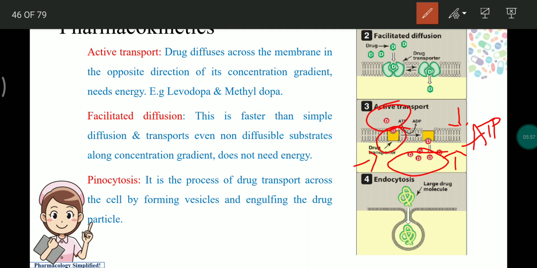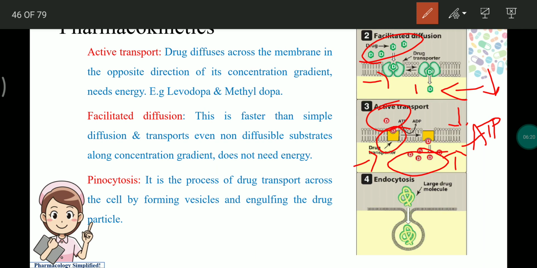Here in facilitated diffusion, this is the drug at higher concentration, and this is the place where the drug is at lower concentration, and these are the transporters. These transporters capture the drug and release it into the cytoplasm. So this is facilitated diffusion.